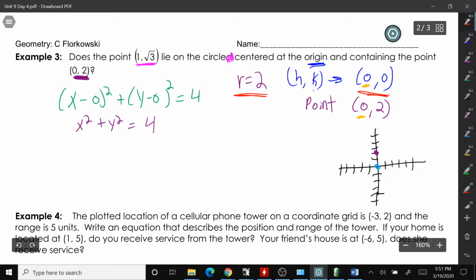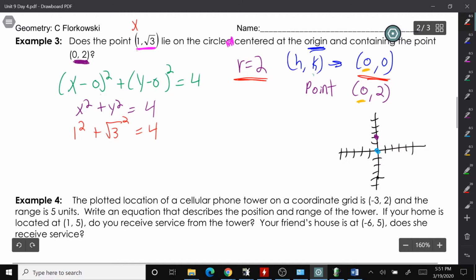And now we can plug in these points. At this point, 1 squared, because that's our x value, plus the square root of 3 squared equals 4. Is this a true statement?